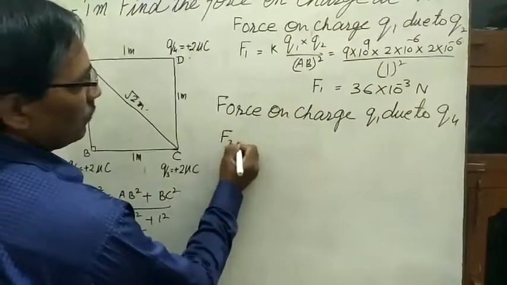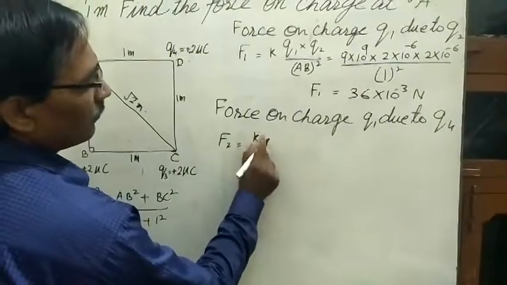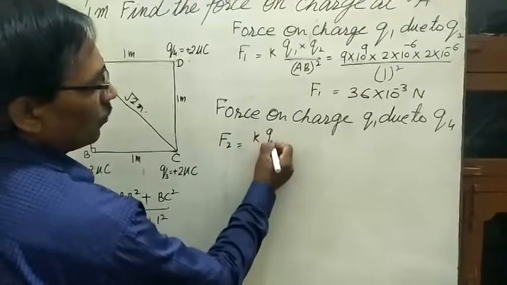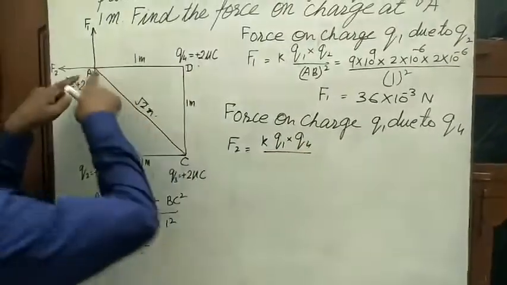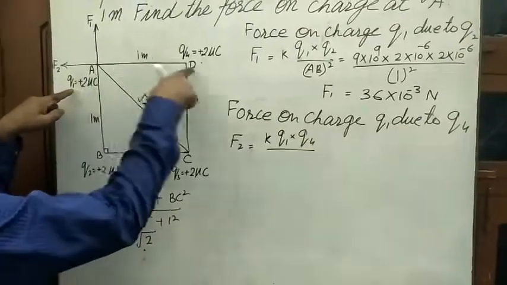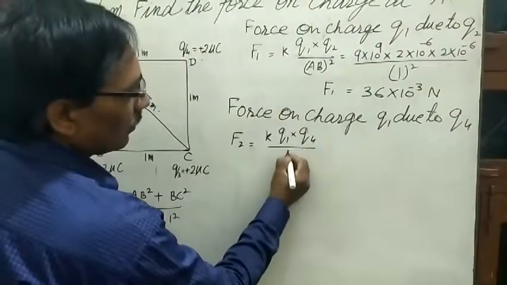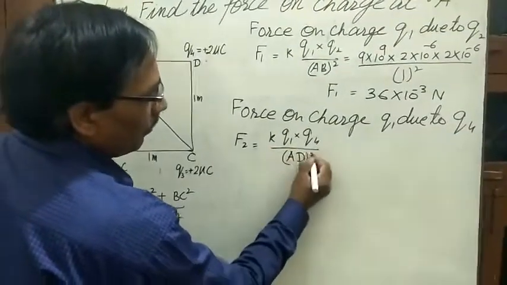F2 is equal to K Q1 into Q4 by distance between Q1 and Q4 is AD, AD square.